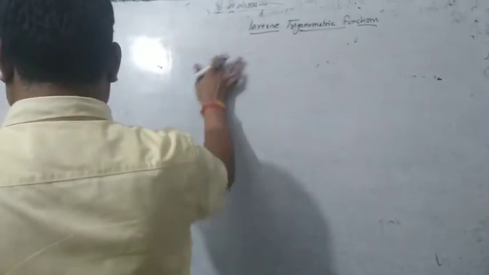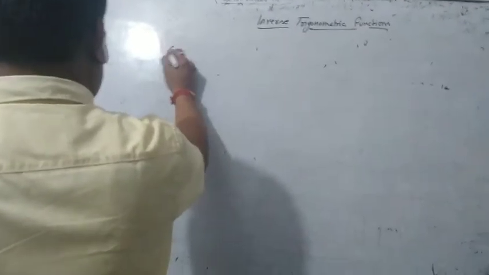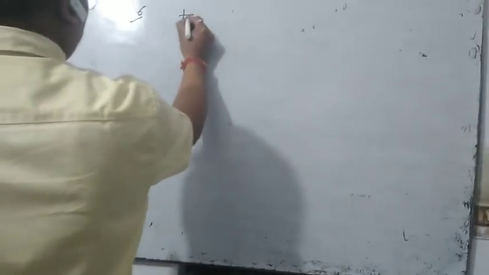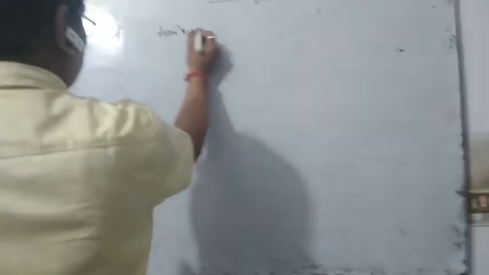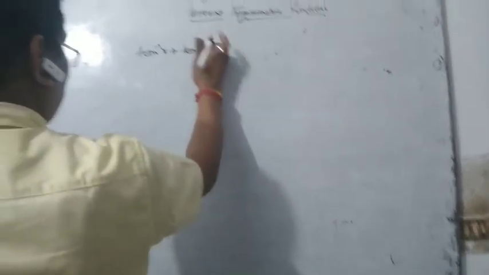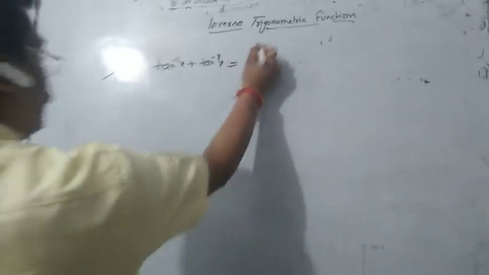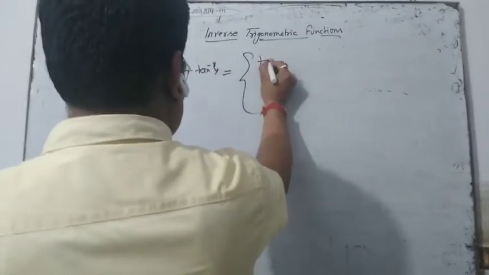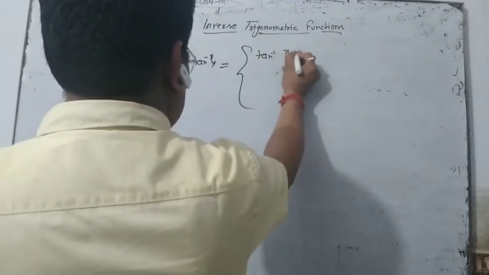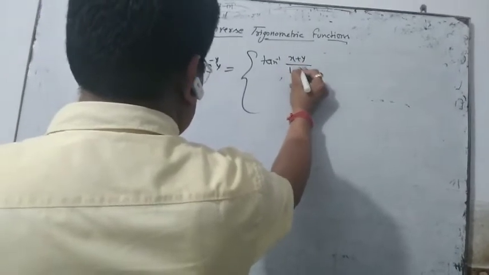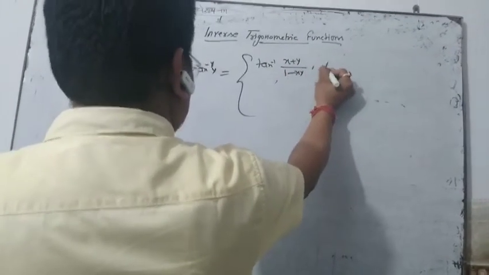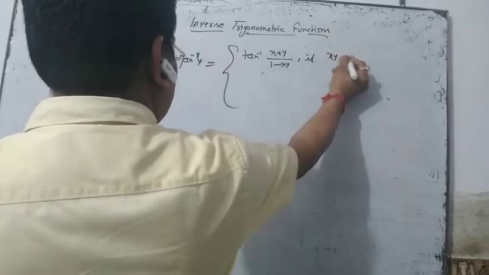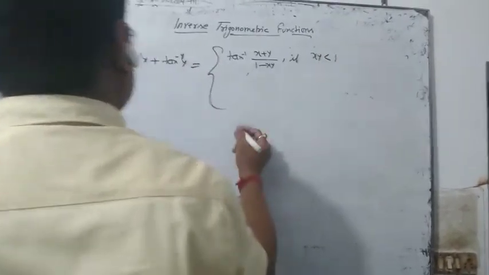You can prove the properties. First, property number 6. Tan inverse x plus tan inverse y is equal to, in some cases, tan inverse of (x plus y) upon (1 minus xy) if xy is less than 1.